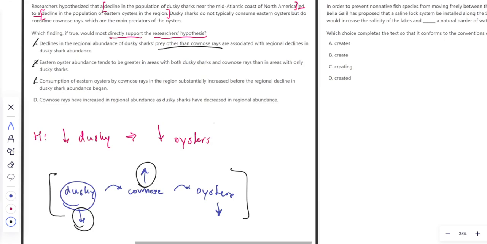Yeah, that makes sense. If these rays went up in population as the sharks went down, then those rays are going to be more abundant and eating the oysters more. So that's how a decrease in these sharks will lead to a decrease in the oysters, sort of indirectly. Okay, pretty tricky, but we got through that all right.